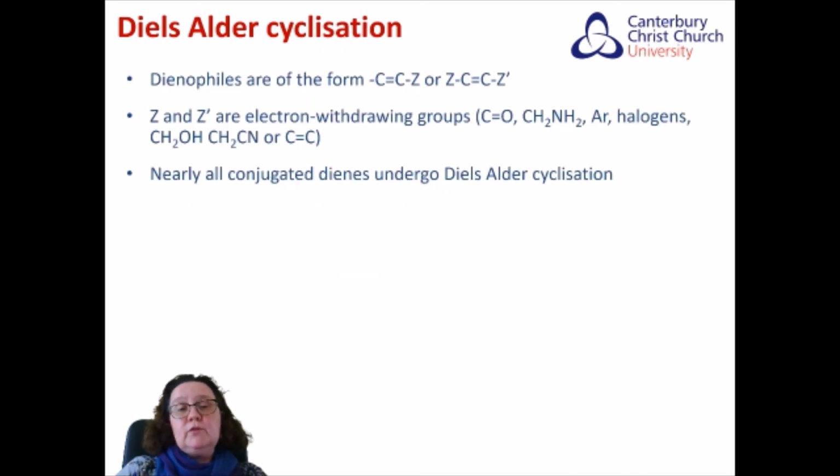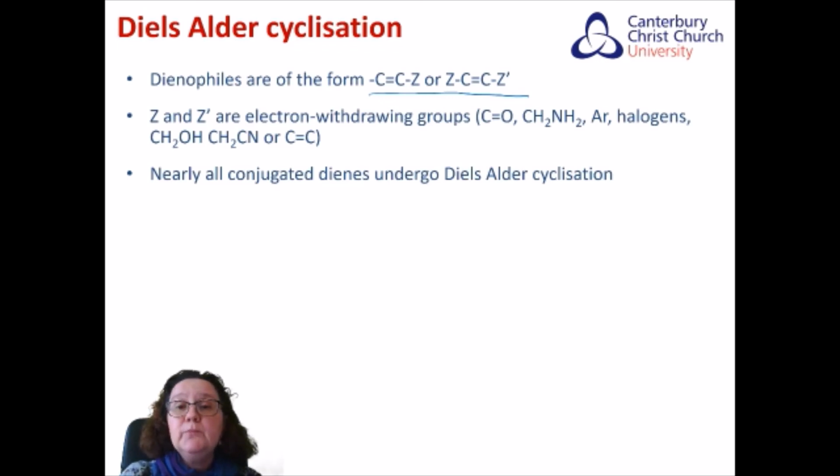Dienophiles have a carbon-carbon double bond, and they can have extra groups attached to them. And Z or Z prime in this notation are electron withdrawing groups. So think of groups that will pull charge from that double bond.